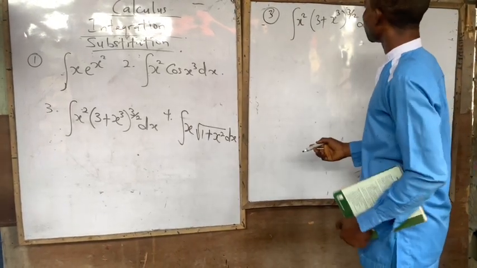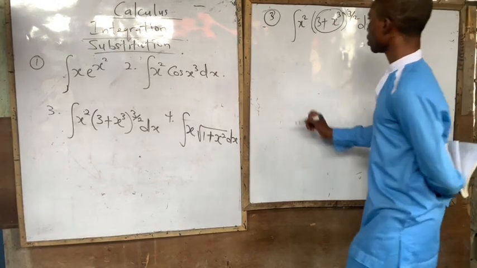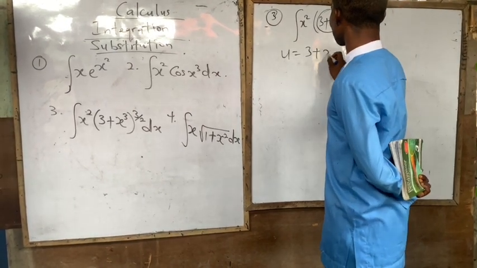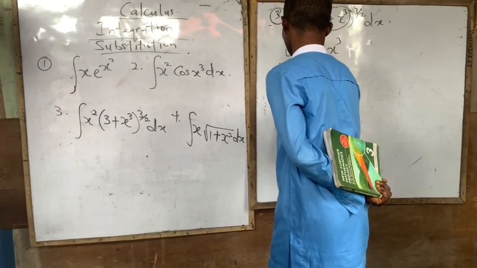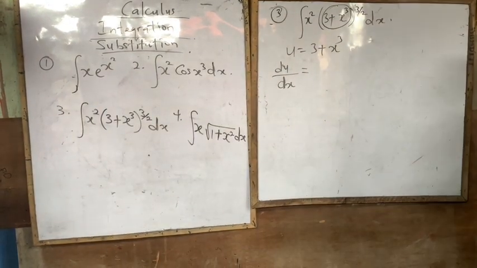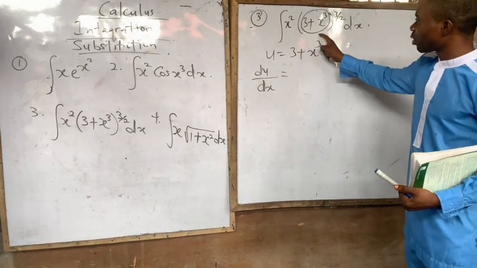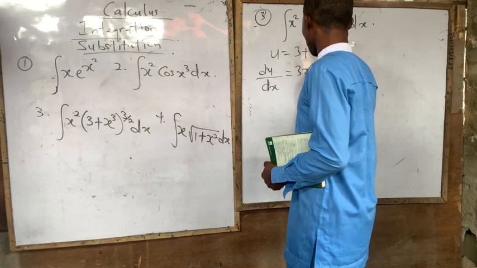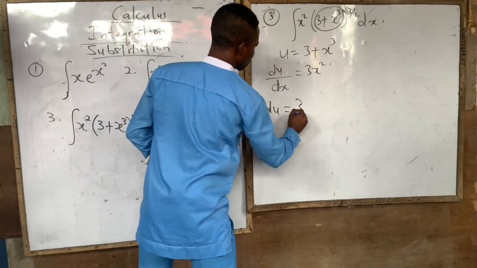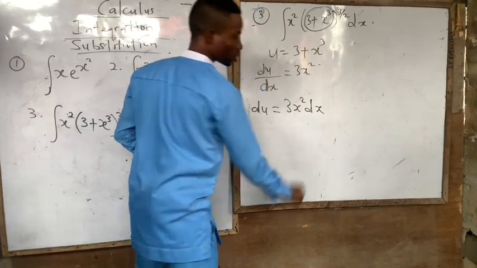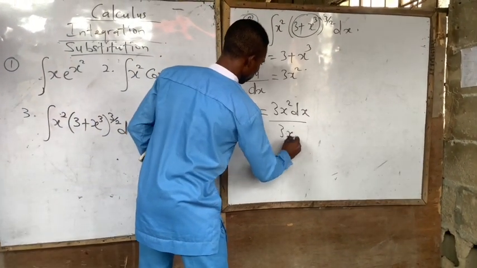Like I said earlier, because this one is in the bracket, we represent it with u. That means u equals 3 plus x cubed. Now find the du/dx. When you find the du/dx for this, you know that the derivative of 3 is 0. So x cubed is going to give me 3x squared. So I will say du equals, if I cross multiply, 3x squared dx. So I'm looking for dx. That is du all over 3x squared.